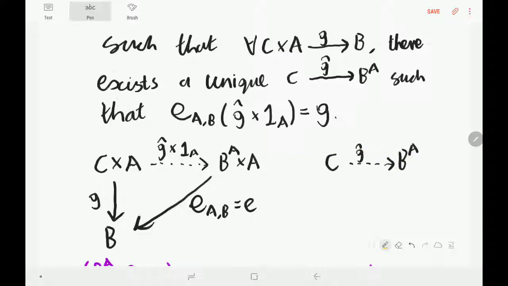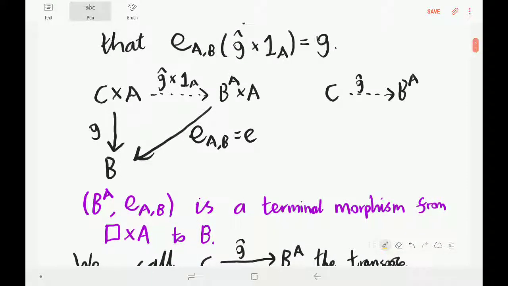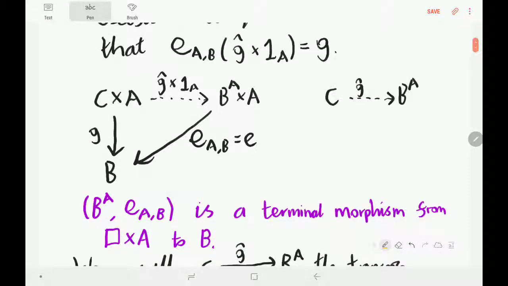But just to say, so you can compare this with previous things that we've understood, if you've internalized the ideas from the video on universal properties, I can say that this exponential object, which is B to the power of A paired with this evaluation arrow E, is really defined to be a terminal morphism from this functor which does the product with A to B. Okay, I'm not going to elaborate on that too much, but if you watch the video on universal properties, that makes a lot of sense, okay?